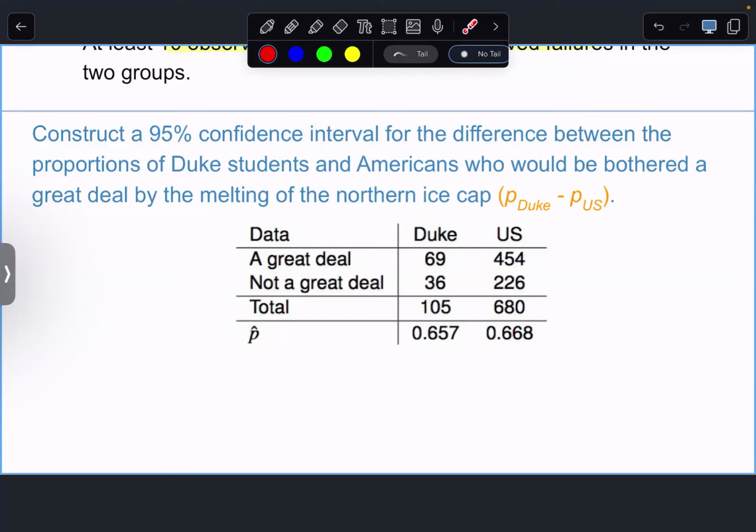Okay, so construct a 95% confidence interval for the difference between the proportions of Duke students and Americans who would be bothered a great deal by the melting of the northern ice cap. I'm going to call this sample 1 and this sample 2. In fact, I'm going to let 1 be Duke and 2 be the US.